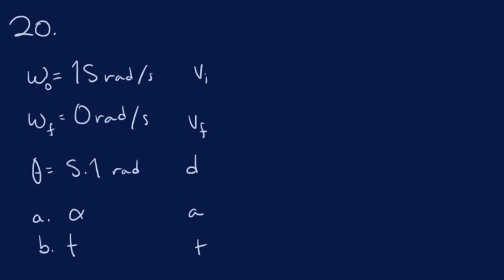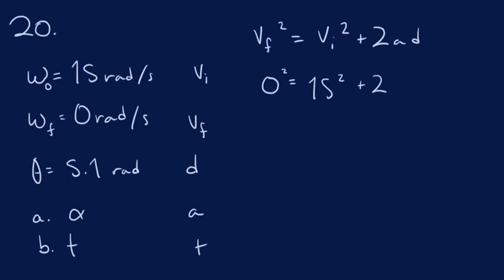There is vf squared equals vi squared plus 2aΔθ. So when we plug it in, 0 squared, which is just 0, equals 15 radians per second squared plus 2, we don't know acceleration, and then displacement, 5.1 radians.